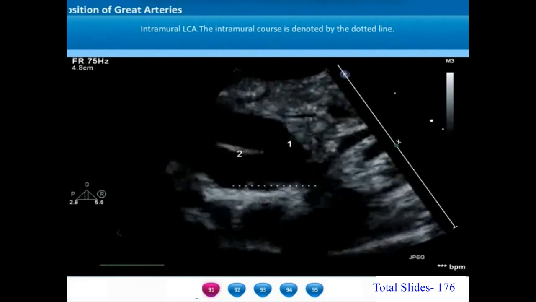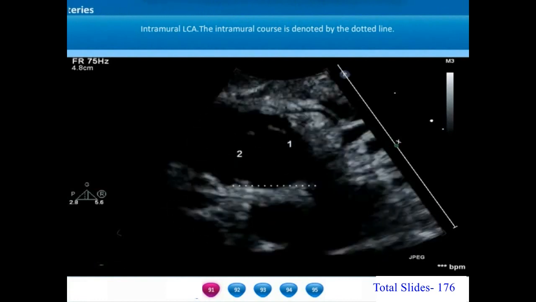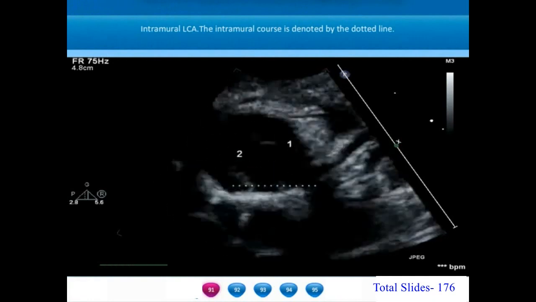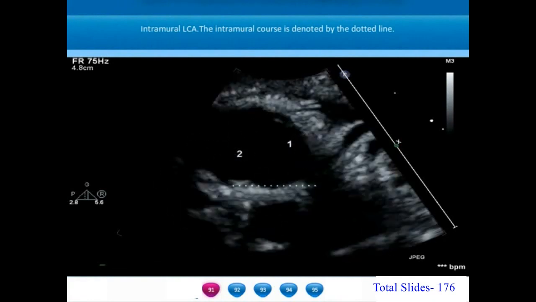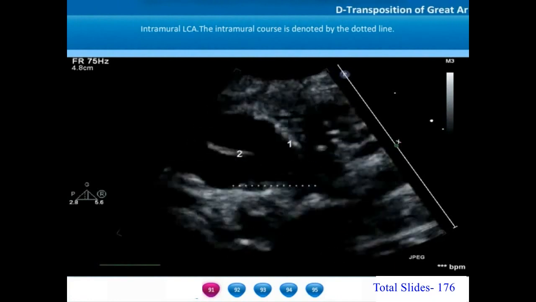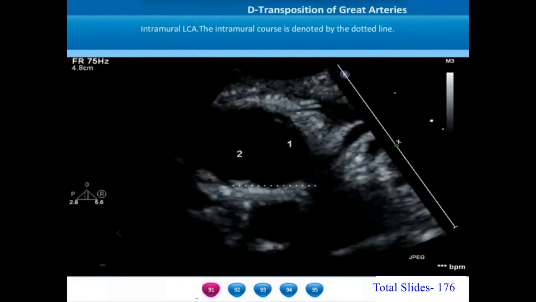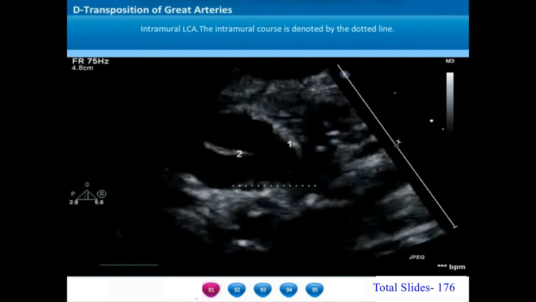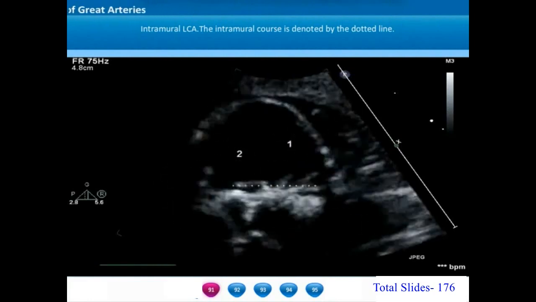The echocardiographic rules of identifying an intramural coronary artery are: number 1, origin of the coronary artery from the contralateral sinus. That means an intramural left coronary artery will arise from the right facing sinus, and intramural right coronary artery will arise from the left facing sinus.